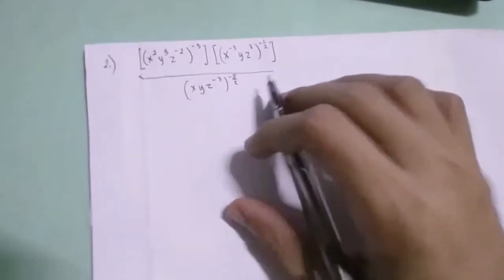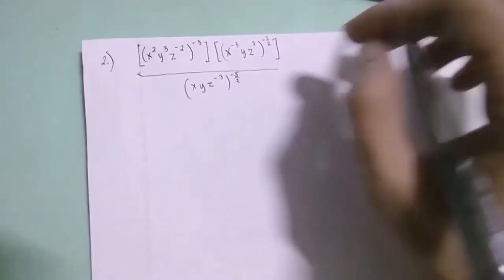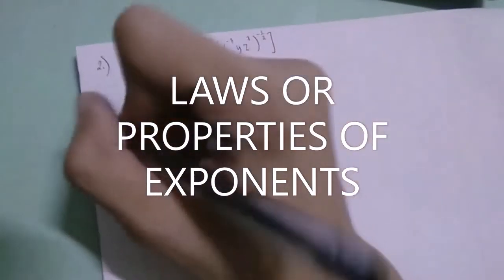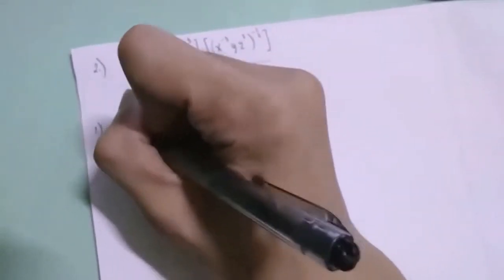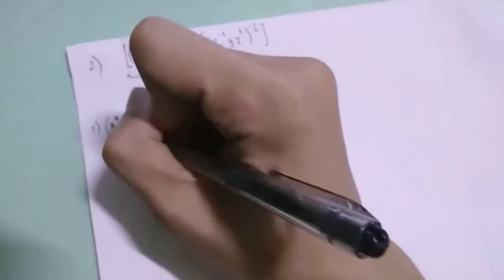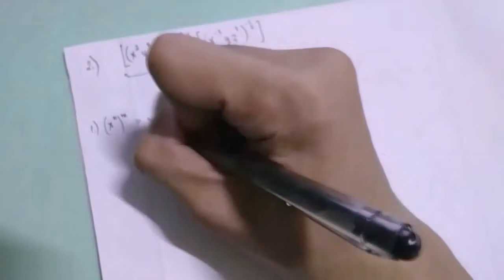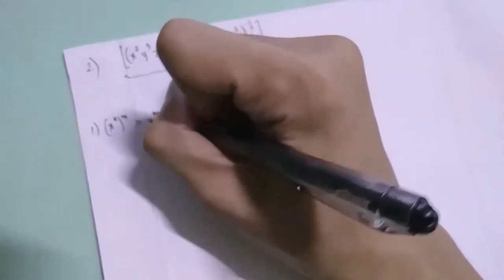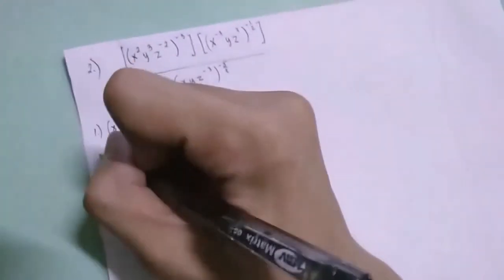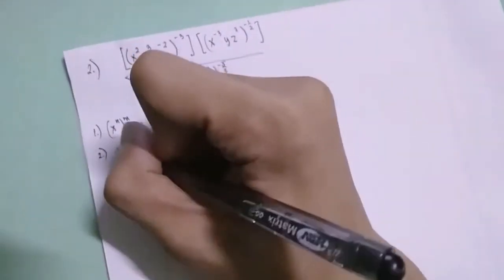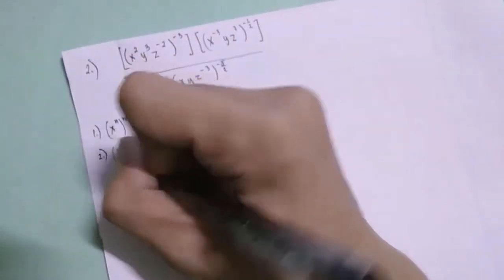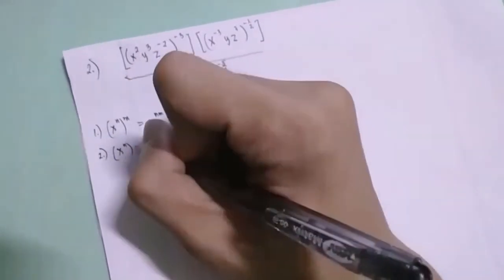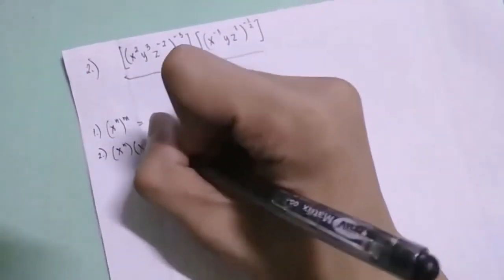Number 2, let's simplify this. For this type of problem, we're going to use the laws of exponents, such as quantity x raised to n, raised to m. The outcome will become x raised to the product of n and m. Another law, quantity x raised to n multiplied with quantity x raised to m.